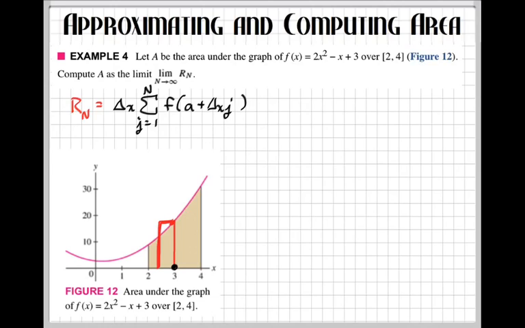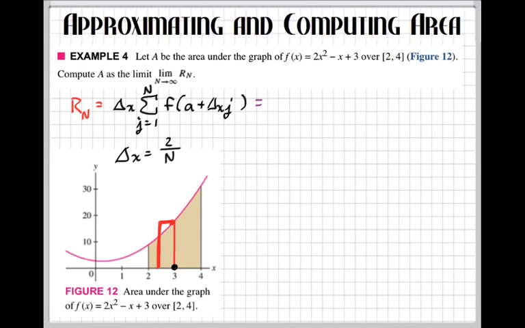Now we just need to plug in all the numbers that we can know. We can know delta x. Delta x is found by taking the length of the interval. The length of our interval is 2, since 2 to 4 is 2, and then we divide it by the number of rectangles, which we don't know. We're just going to keep it as n. So let's plug these in.